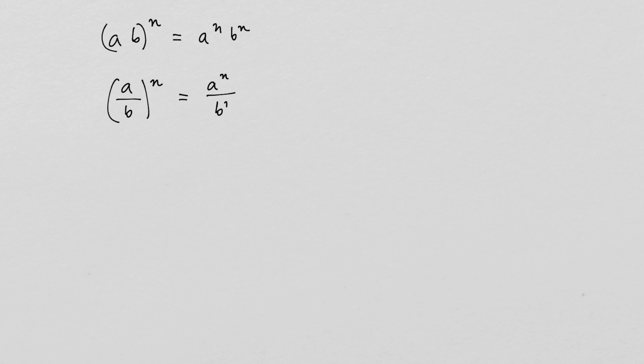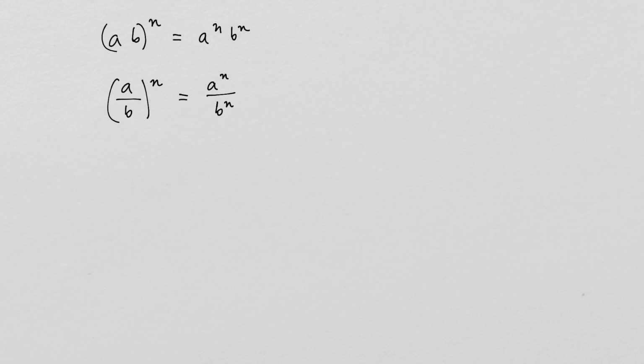So, we had the formula that a times b to power n is the same as a to power n times b to power n. In the same fashion, if we have a divided by b, and that is to power n, we need to put the power n to both the numerator and the denominator.